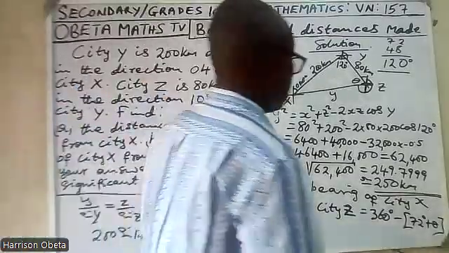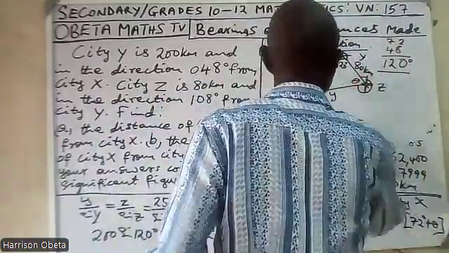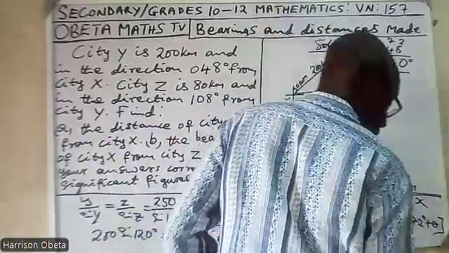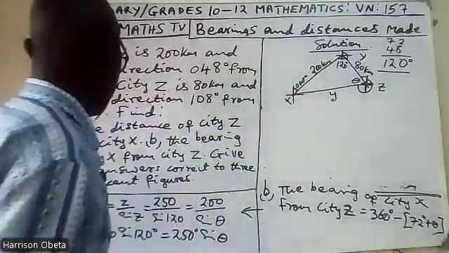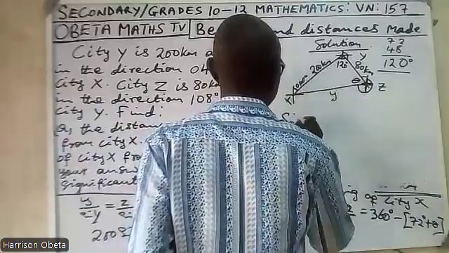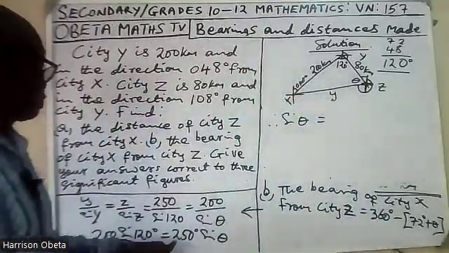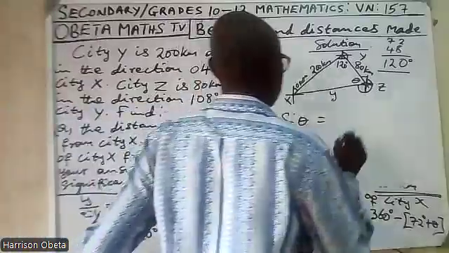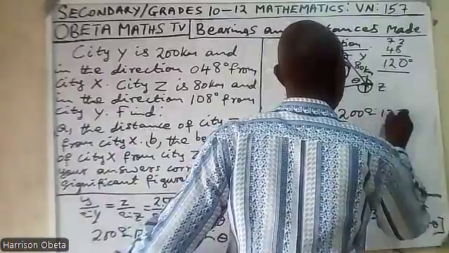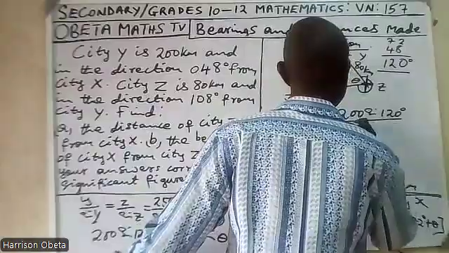So coming back here, therefore sine theta should be equal to 200 sine 120 all over 250.